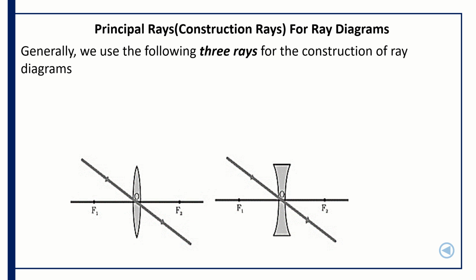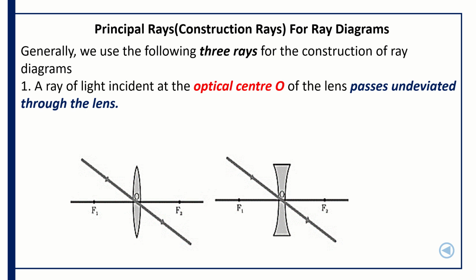Ray diagrams are the diagrams which represent the rays falling on the lens, how they get refracted, where they converge or diverge, and how the images are created using these three principal rays, to understand the different phenomena of lenses. So let's try to understand them one by one.